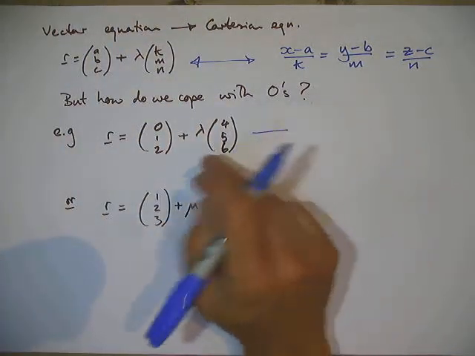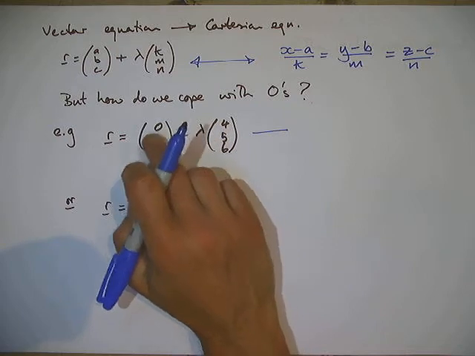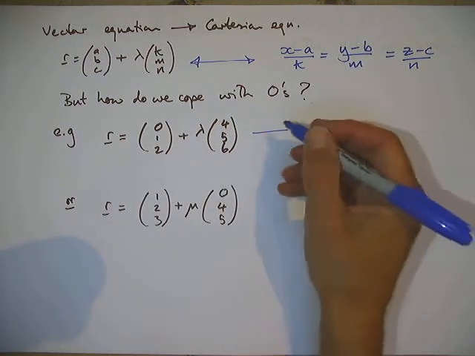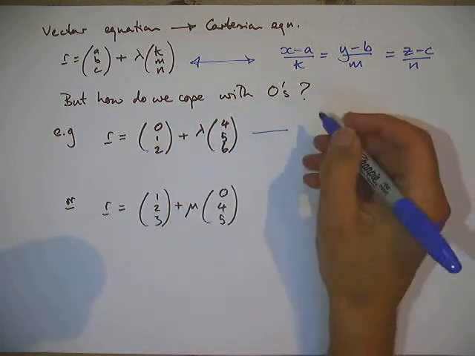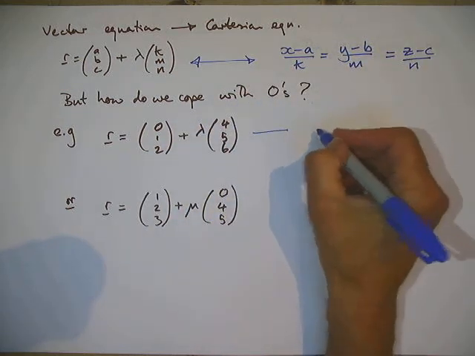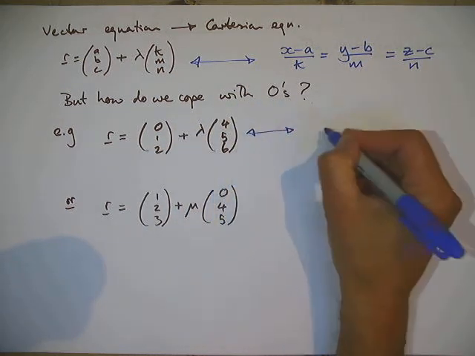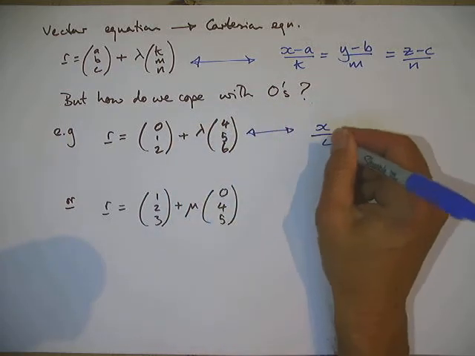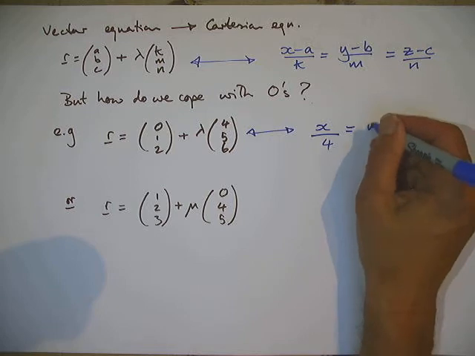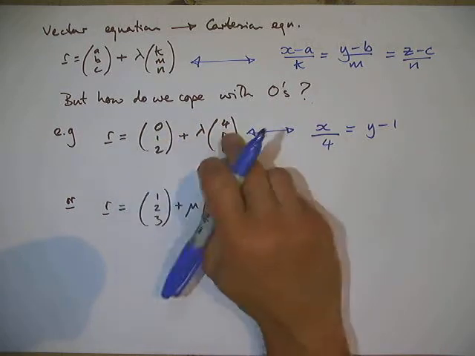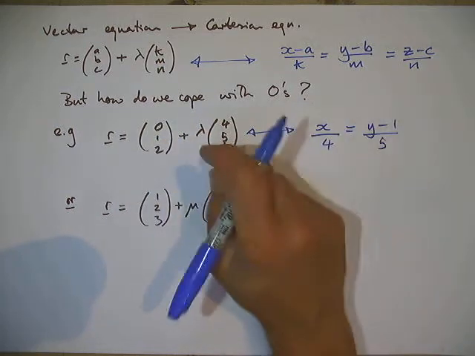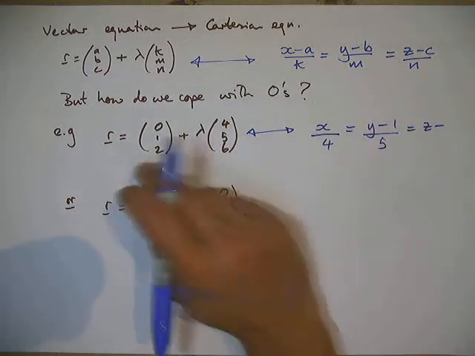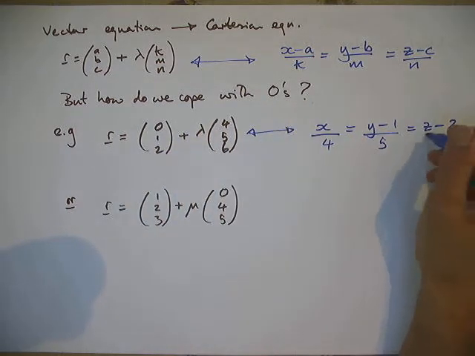Well, if the zeros are in this part of the equation, the point on the line, we don't have to worry that much. We simply use exactly that rule, but we get x take nothing is just x over the 4 equal to y take 1 over the 5, and we get z take 2 over the 6.